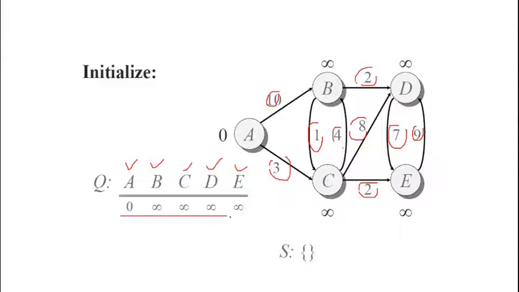So as the first pre-processing step, A to A is basically 0, the distance. B and C we initialize as infinity, because at first we don't know the weight, and we have the set here.